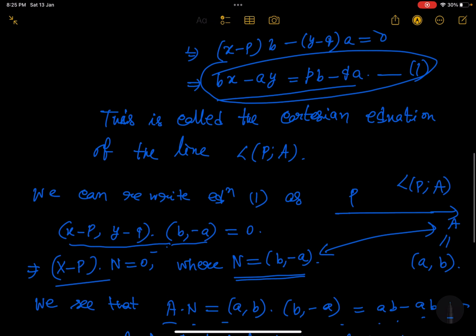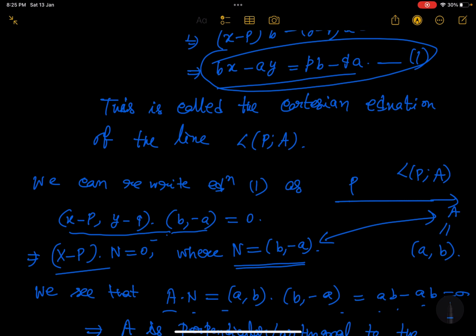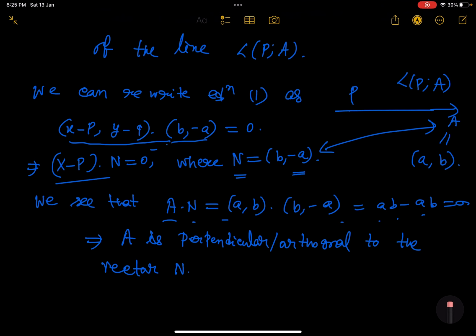Now one can rewrite this equation in vector form: capital X minus capital P dot capital N is 0, where capital N is b comma minus a. Now you see that the dot product of capital A and capital N is 0. That means N is perpendicular to the vector capital A, and capital A is the vector parallel to the line.